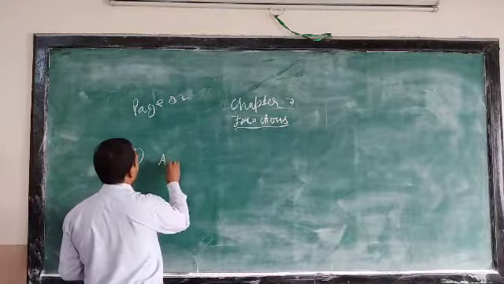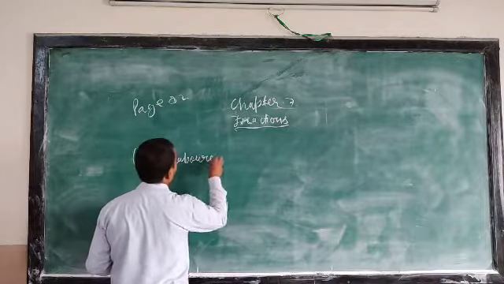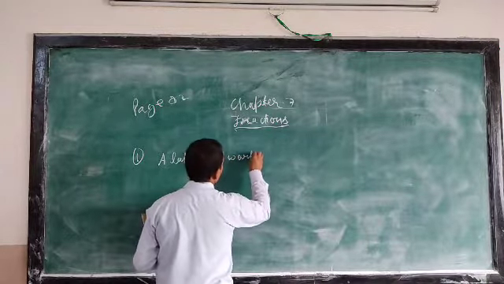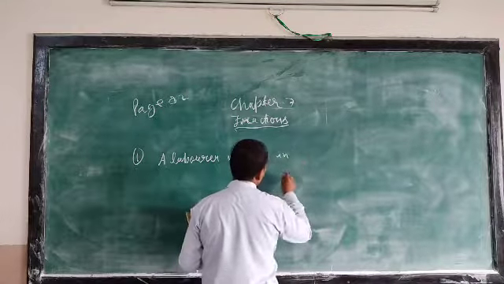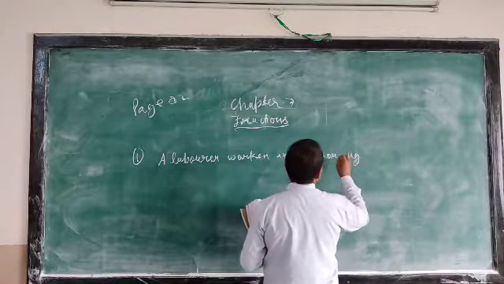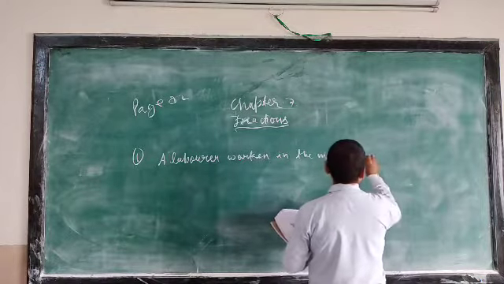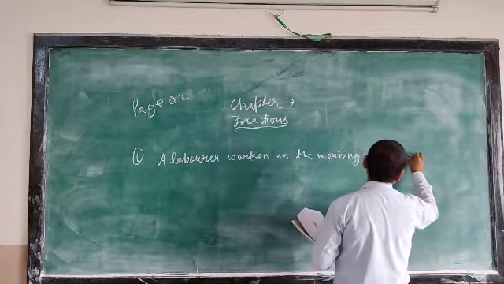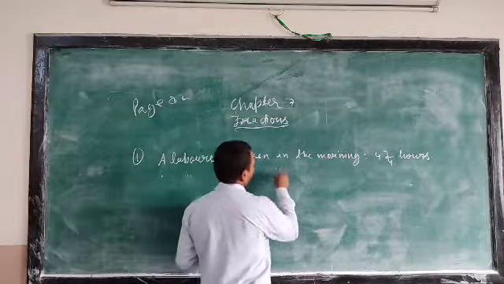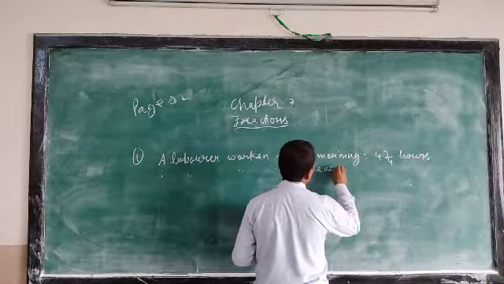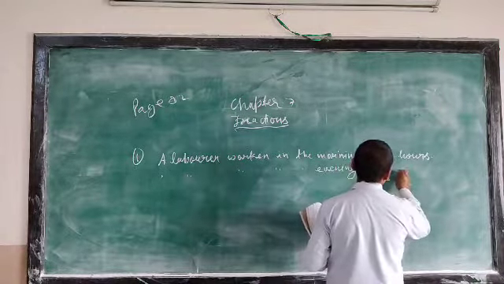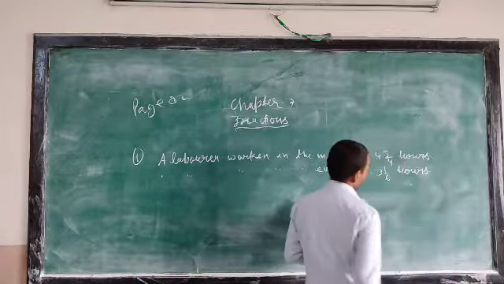A labourer worked in the morning 4 and 3 by 4 hours, and that labourer worked in the evening 3 and 1 by 6 hours.